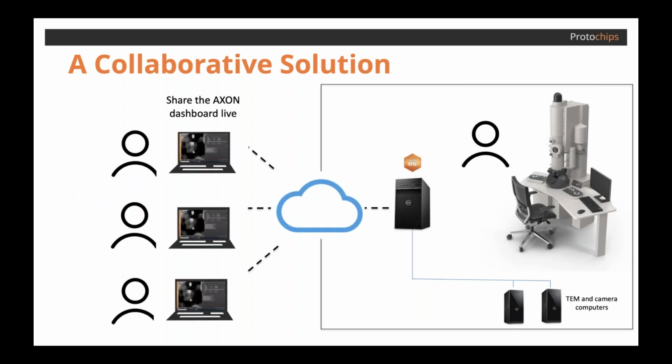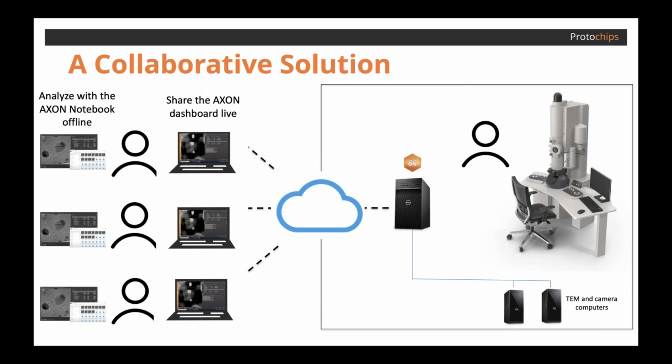This allows participants to not only see what's occurring on the TEM or the camera, but it also displays all the experimental and imaging conditions. So the audience is very well informed throughout the entire experiment. After the experiment, AXON can export your data already drift corrected and synchronized in small transferable packages that are viewable in the AXON Notebook offline at your convenience.